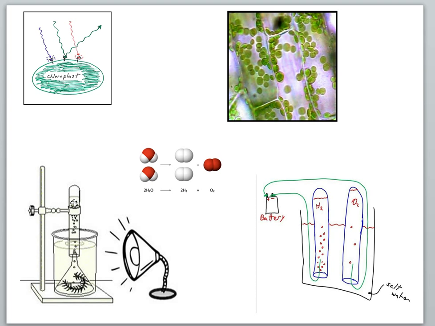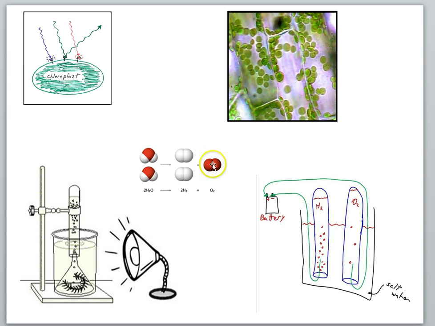Now in this slide, though, I wanted to review what the plant is initially doing with the absorbed light energy. What the plant is doing is splitting water molecules with that light energy. Now water, H2O, right, one atom of oxygen, two atoms of hydrogen, and here we see two molecules of water. And when that light energy is absorbed, water molecules will be broken apart.